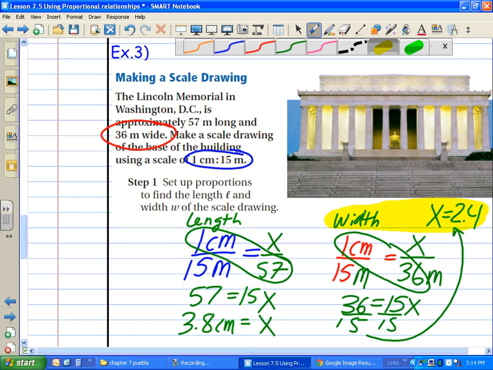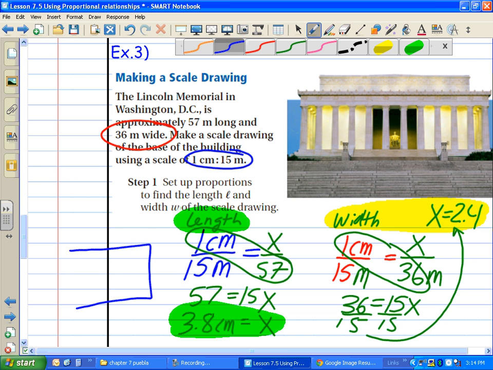I'm going to highlight the width and the 2.4. And you just found out what the length is. So those would be the real measurements in a drawing. If I asked you to draw this with a ruler, you would take a ruler and measure it, and you would get something like this, where the length would be 3.8 centimeters, and the width would be 2.4.